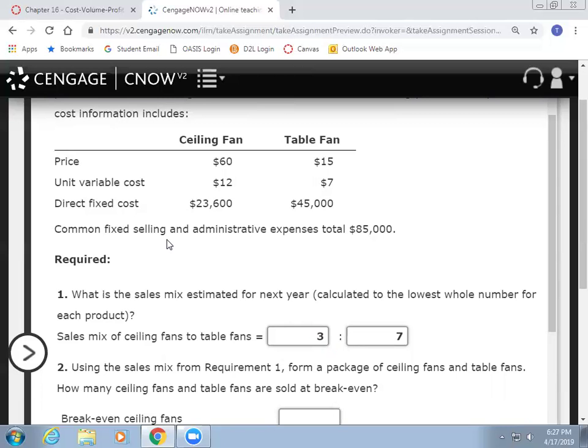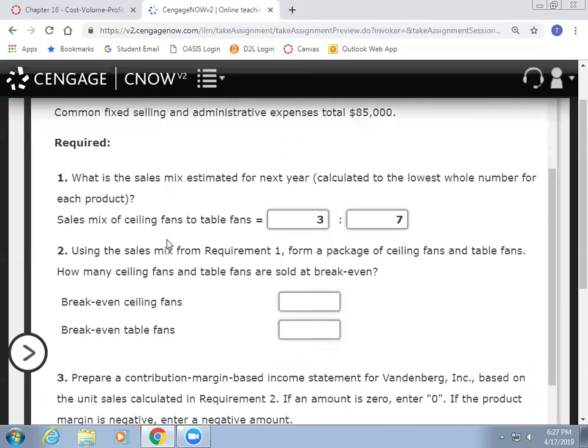I would add up all three, both direct fixed costs and common fixed costs. When you do that, you should get a break even of 768 packages.